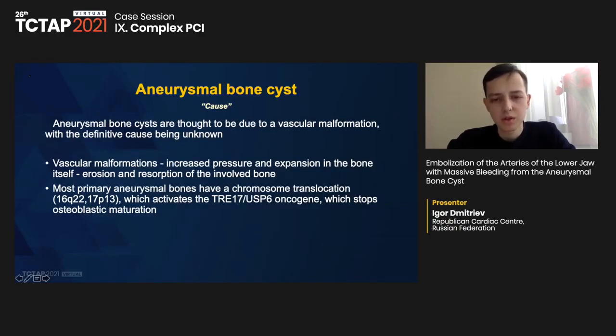The current thinking is that the vascular malformation leads to increased pressure and expansion in the bone itself, causing erosion and resorption of the involved bone. Most primary aneurysmal bone cysts have a chromosome translocation, which activates an oncogene, which stops osteoblastic maturation.